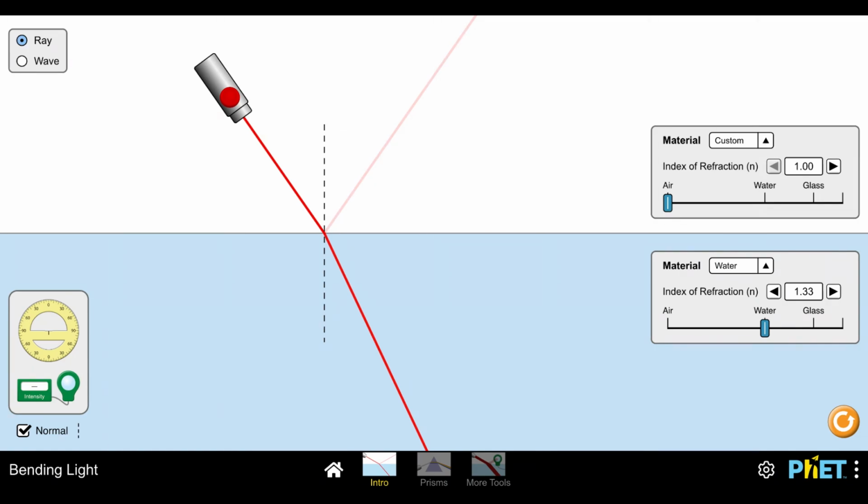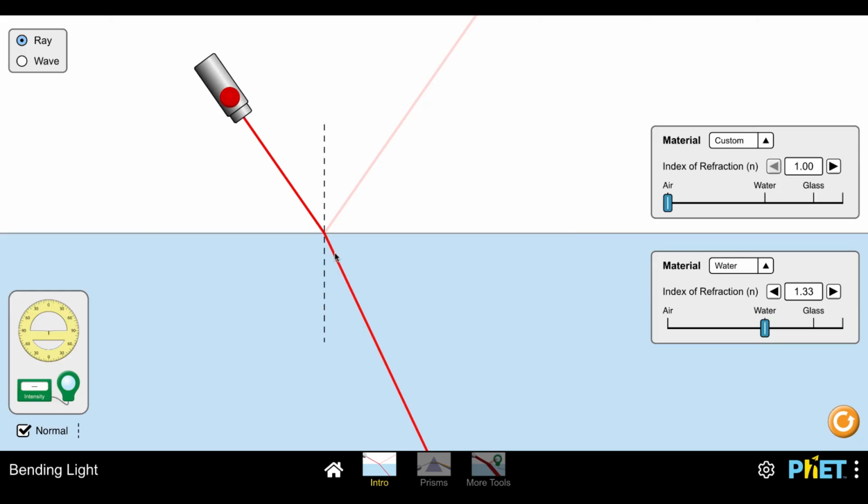This answer also makes sense because if you're going from a faster material, this has an index of refraction of 1, meaning it's basically the speed of light. An index of refraction of 1.33 says that the speed of light is 1.33 times faster in a vacuum than in my material. So light is going to travel slower in my material. You can see the light is traveling fast here, but when it reaches the other material, it travels slower.